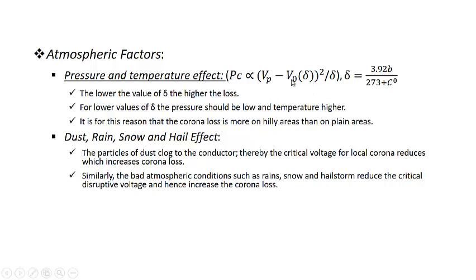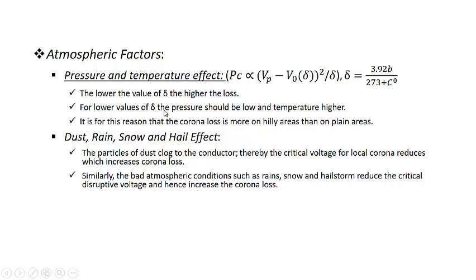Lower the value of delta, lower will be the value of the critical disruptive voltage, higher will be the value of this expression, so when it is squared, higher will be the corona loss. One more thing, when delta is on the denominator, the whole term will increase. In both cases, it will increase the corona loss.